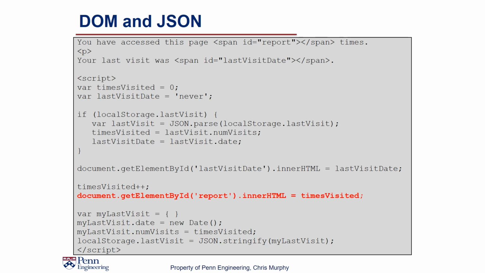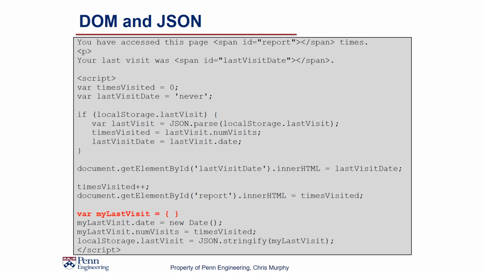And then I'll update my HTML. Again, starting with the document, I'll get this element by its ID. I'll get the report span, which is up here. I'll set its inner HTML to timesVisited. And the last thing I need to do is then store the data back in local storage now that I've updated it.